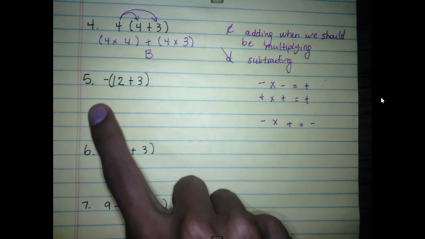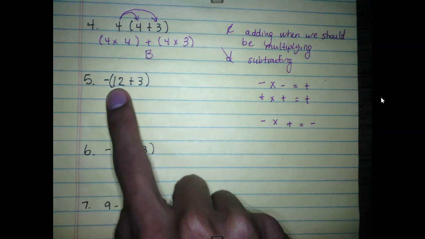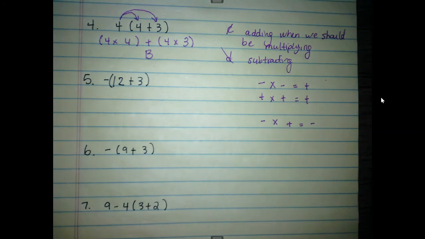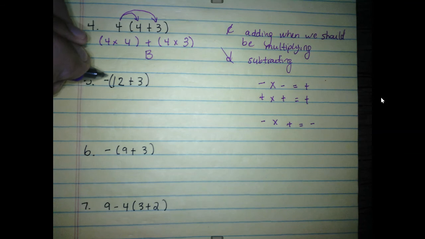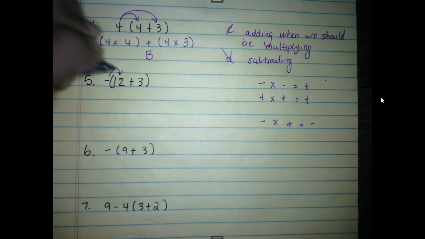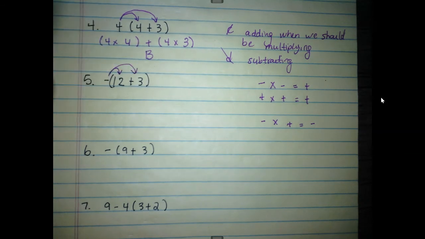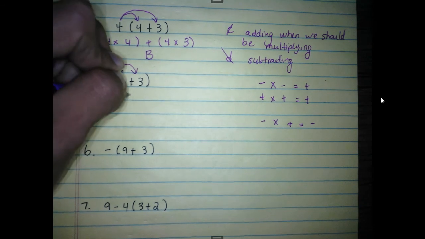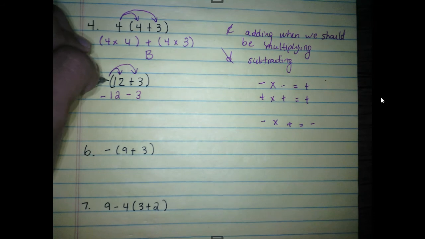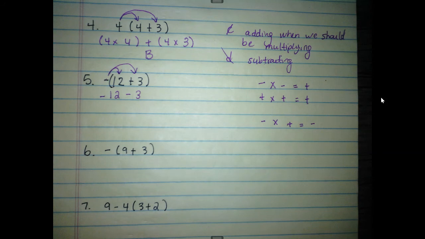For number 5, we have the negative outside of the parentheses of 12 plus 3. Just like how we did with the 4 and the 8 in the examples above, we're going to distribute the negative. That would turn into negative 12 minus 3, because we had a negative times a positive, which equals a negative, and then a negative times a positive, which is a negative.